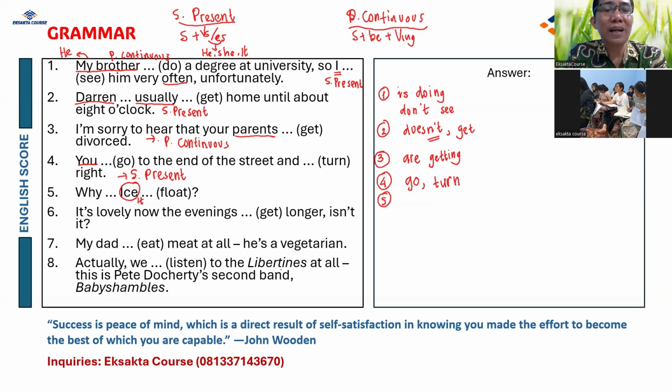Why does eyes flood? Okay, without s. Number five, and then use does. Why? Because if the subject is she, he, it, the question uses does, and then verb one without s or es. Okay, for the question use does because the subject is it. Now number six.